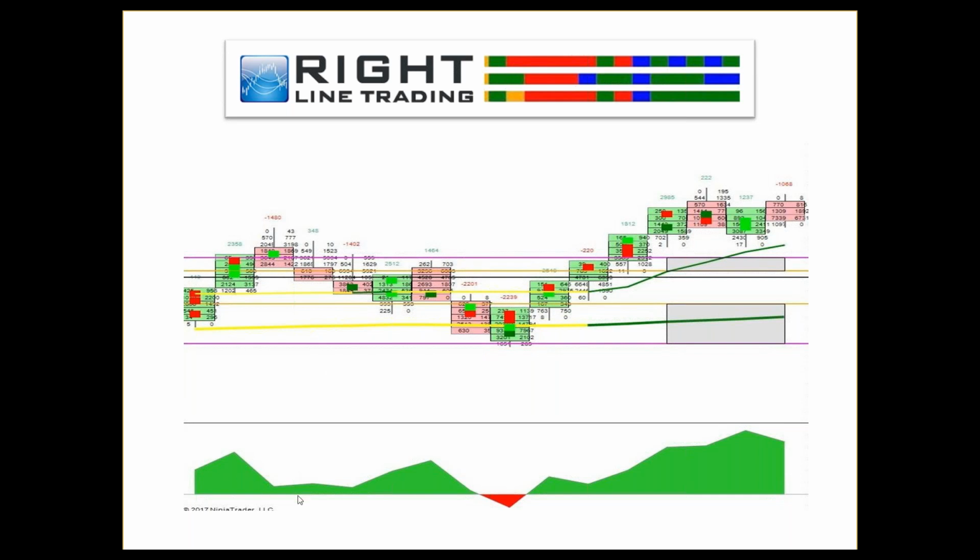Now, if you look at an absolute curve of the magnitude of the market delta, which is what 99.9% of indicators do, it does not tell you what's going to happen on the right edge of a chart.